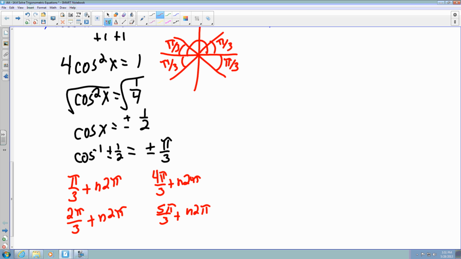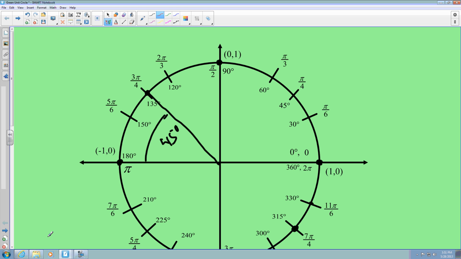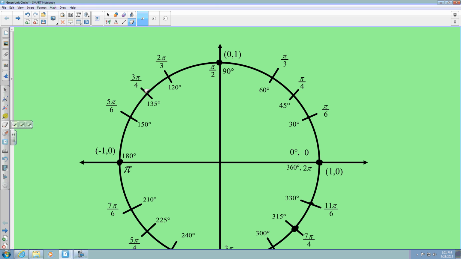And you're probably wondering how I got that. So if I go back to my unit circle, and if I were to erase this here, and so if I said it was pi over 3, that means that I had one reference angle right here. And so that's the first one, that's the one we solved for.